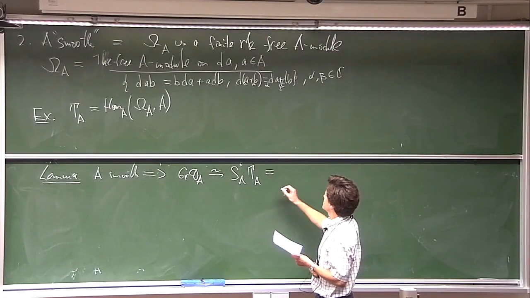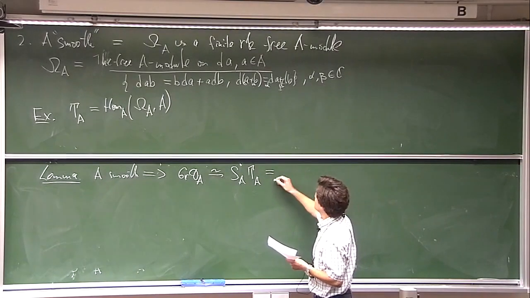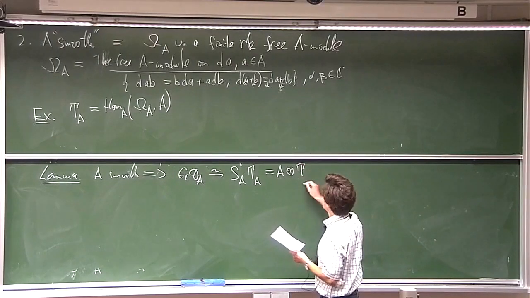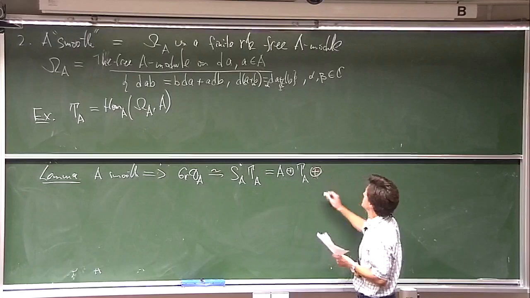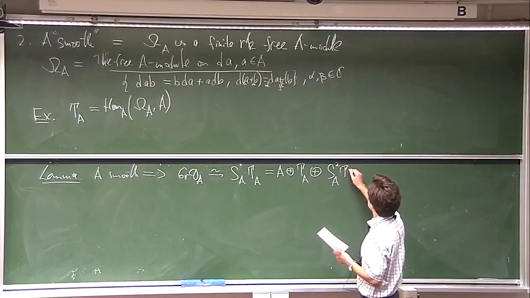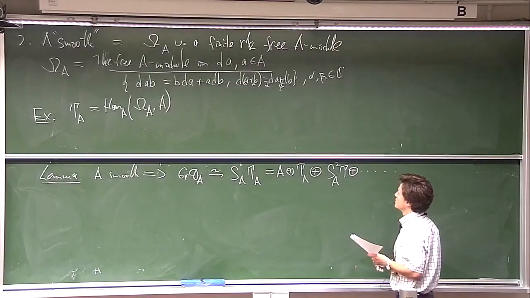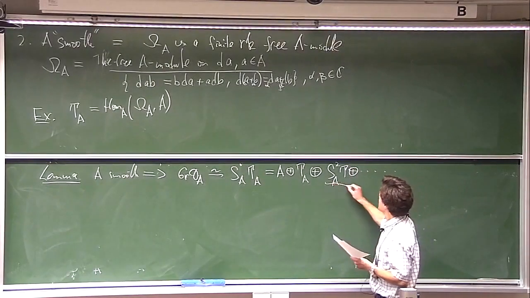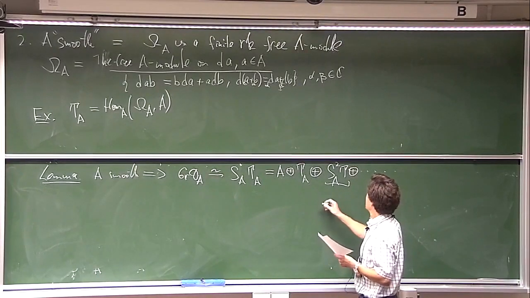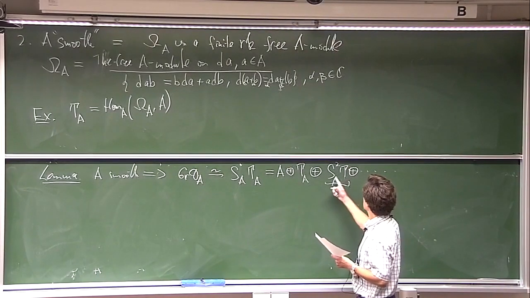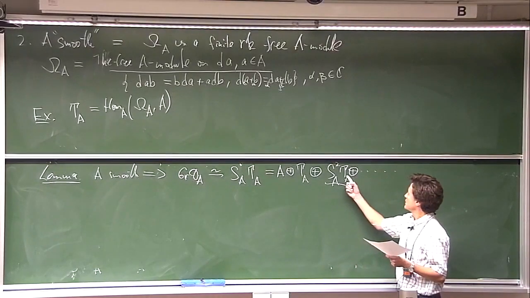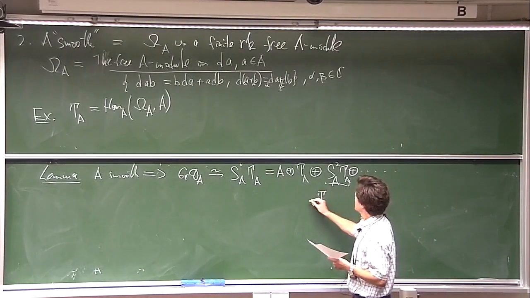So what it means is the direct sum A plus T sub A plus the second symmetric power plus etc. For example, the symmetric square means the tensor square over A, modulo the action of the symmetric group. I wanted to say the tensor square, but it will clash with T. I don't know how to denote it better.